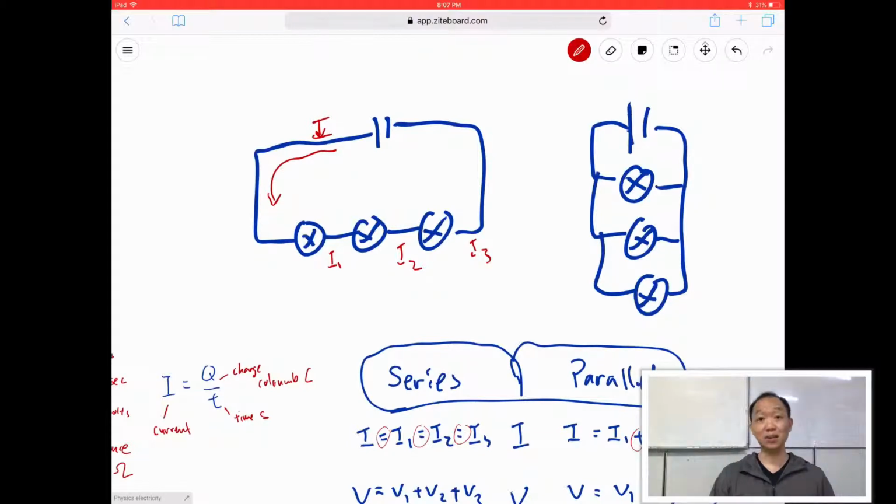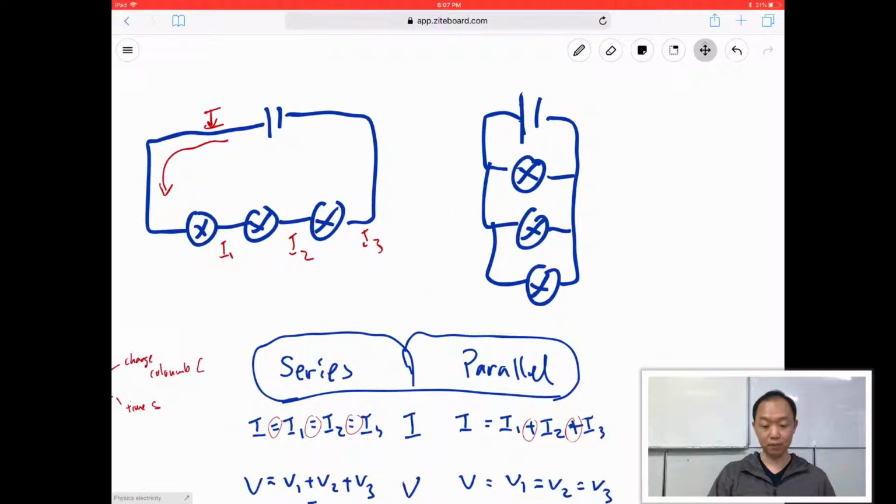The currents are all the same because it's a series, it's a loop, so the flow is the same. However, for parallel, the current is different. So let's say I is here, I1, I2, I3.